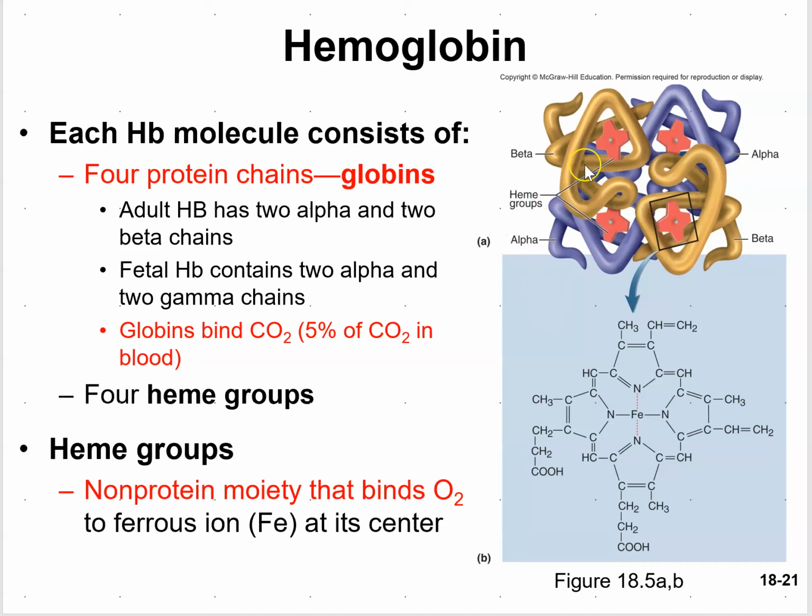Each hemoglobin can bind to up to 4 oxygen molecules at the center of the heme groups that you see over here, because each of these iron ions can bind to one oxygen molecule. And individual erythrocytes can bind about 1 billion or 1.2 billion oxygen molecules.